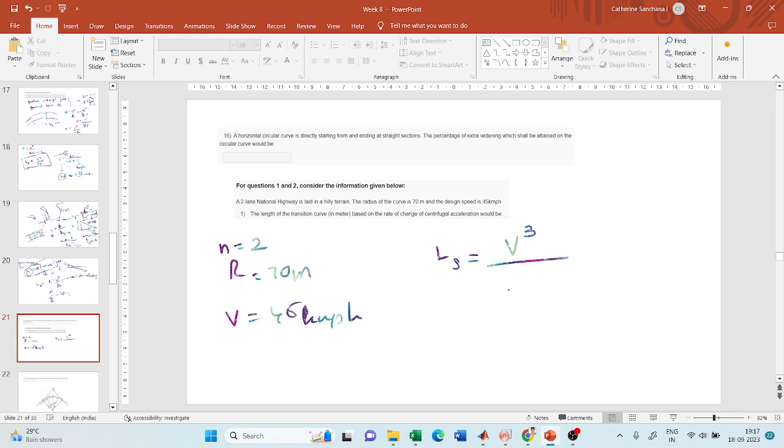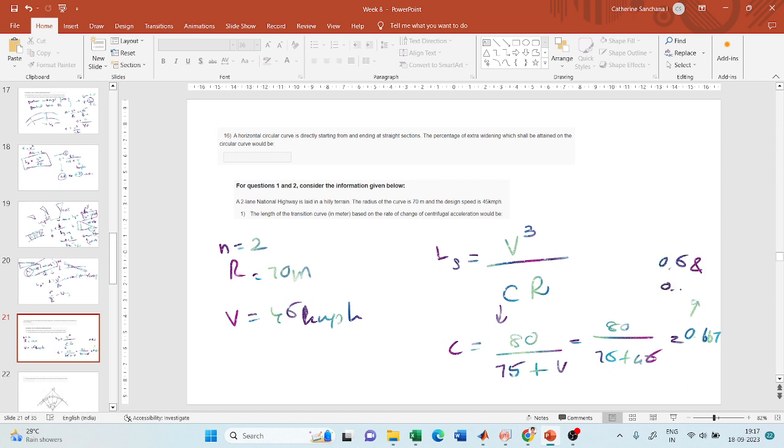It is V square by C into R, right? We don't know the value of C, but we know the formula to find C. C is found by this empirical formula, which is 80 by 75 plus V. This V you have to substitute in kmph, so 80 by 75 plus 45, which is nothing but 0.667. It is between 0.5 and 0.8. So the value of C is 0.667.